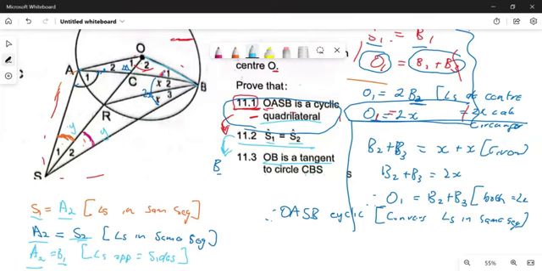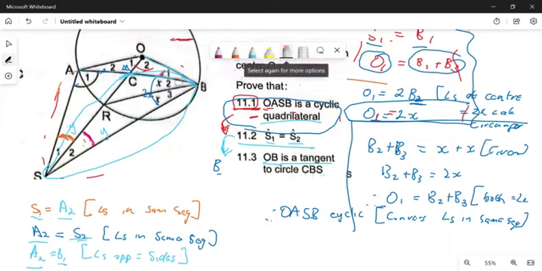So let's draw that one. We have OB, which should be a tangent to C, and then it goes to B, and then it goes to S, something like this. So you're supposed to have a circle like this.